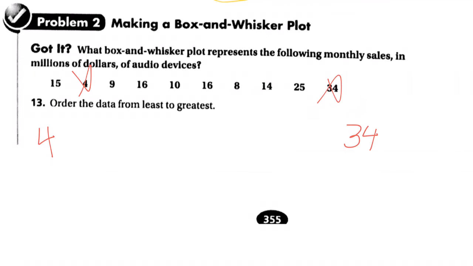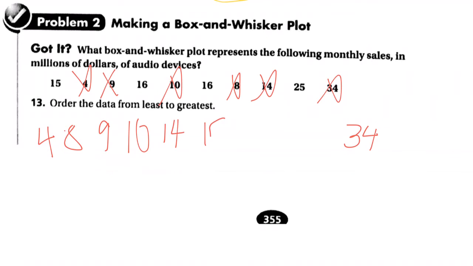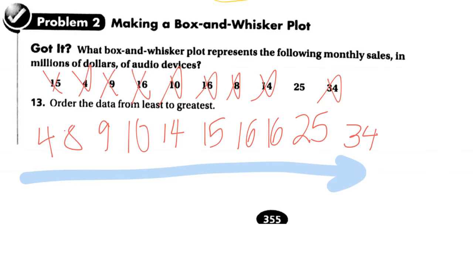So it goes 4, 8, 9, 10, 14, 15, then we have 2 16s, and the last one is 25. So here we have our data points from least to greatest.